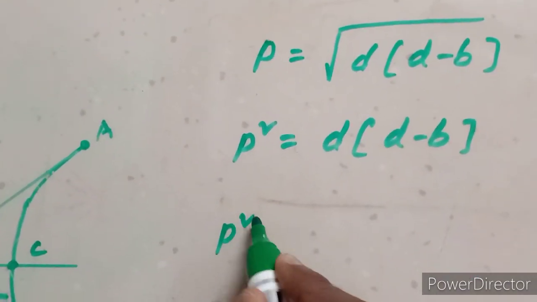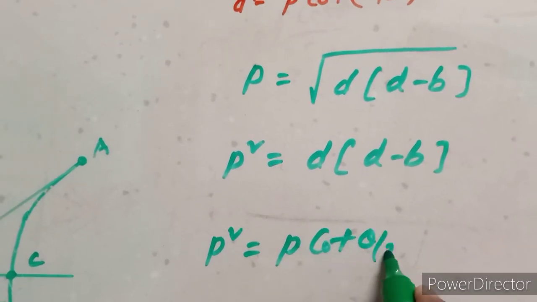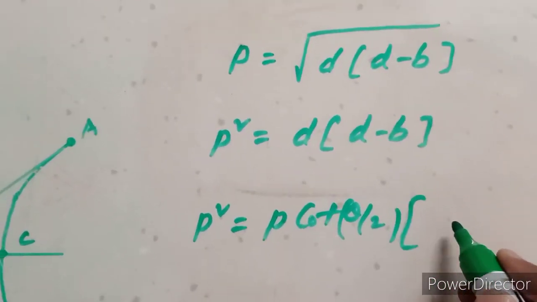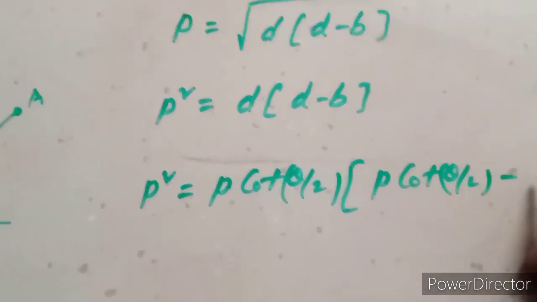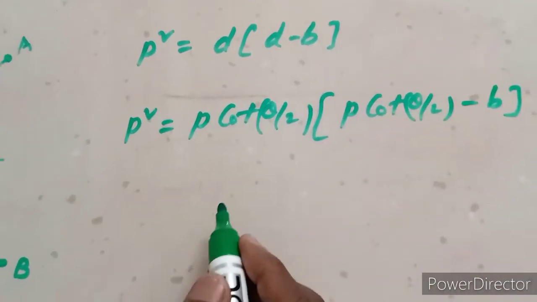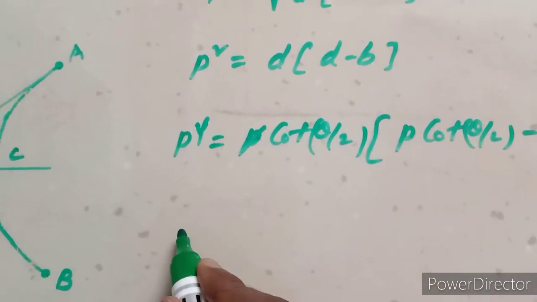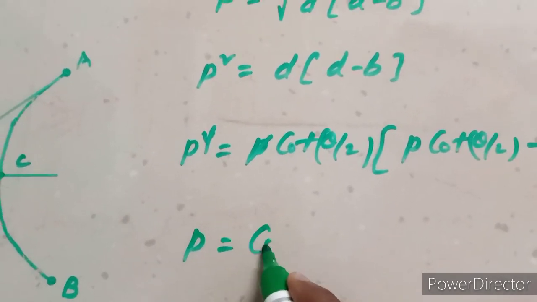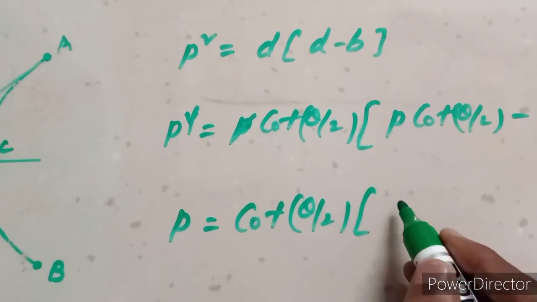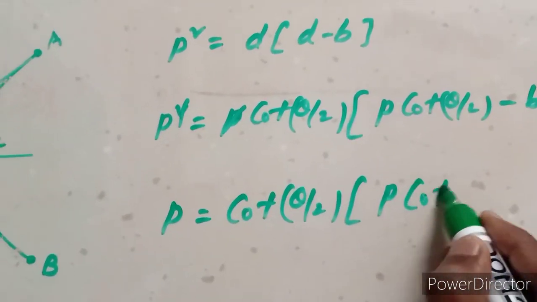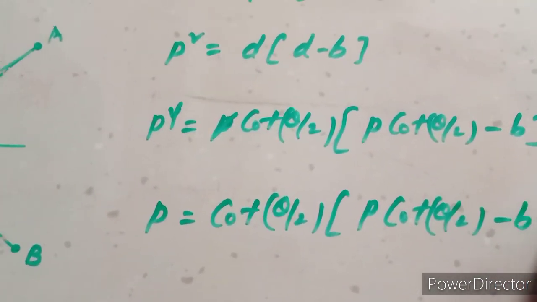Then P square equals P cot theta upon 2 minus B. Then this P square is cancelled, remaining P equals cot theta upon 2 into P minus B.